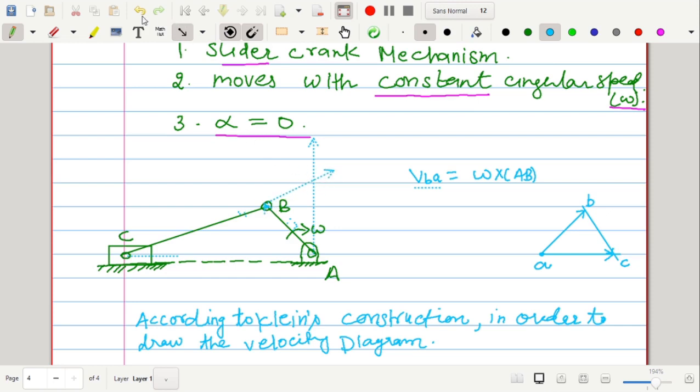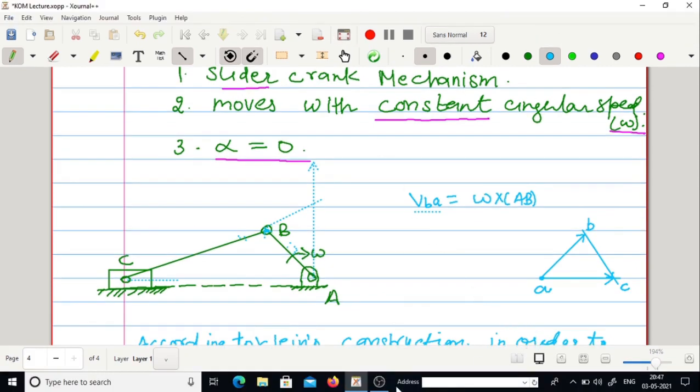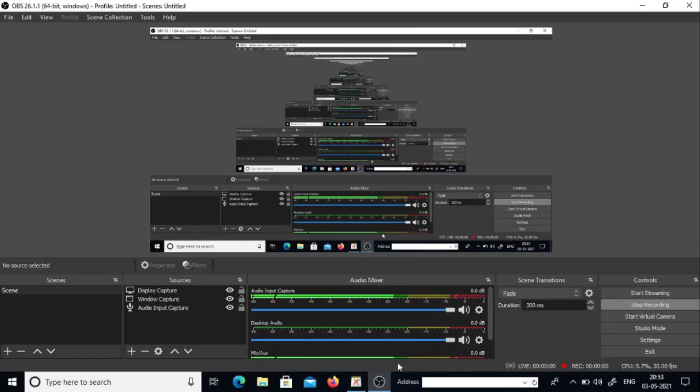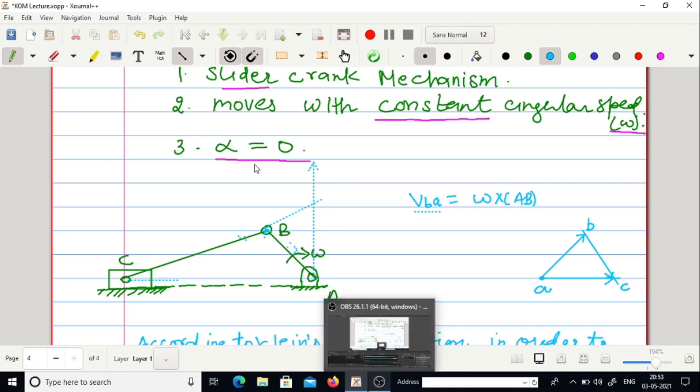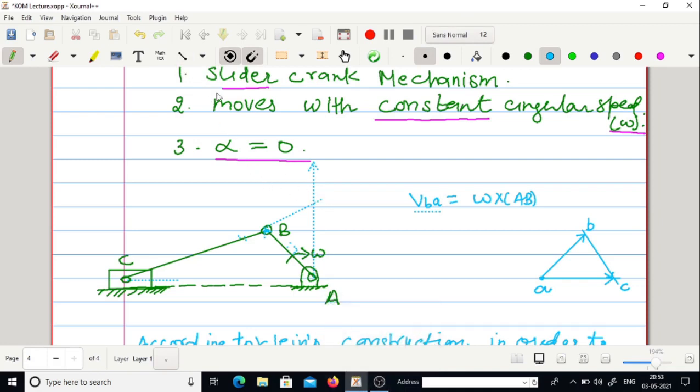Wherever these two lines cut, mark that point. Let that point be P. For example, this point is P.